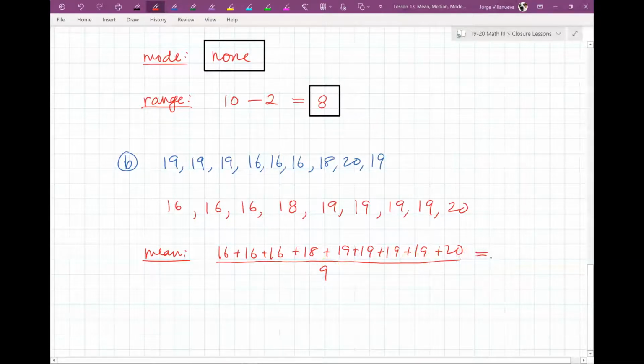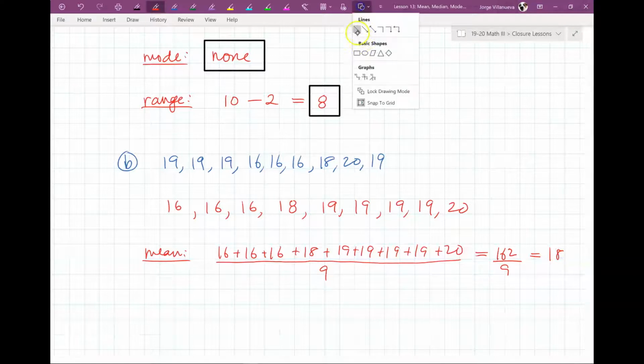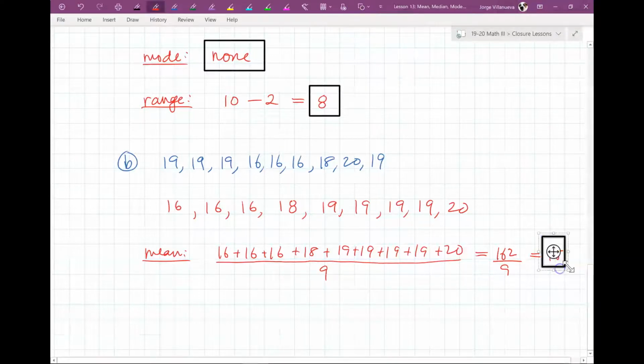Okay, so 16 plus 16 plus 16, that's 48, plus 18 plus 19 plus 19 plus 19 plus 19 plus 20, that's 162 divided by 9. That equals exactly 18. So that's my mean. Okay, 18 is my mean.